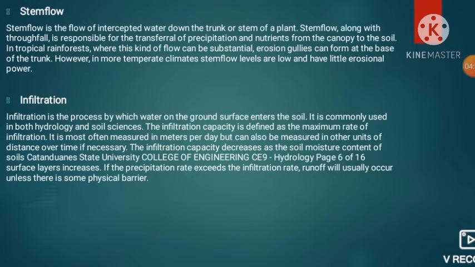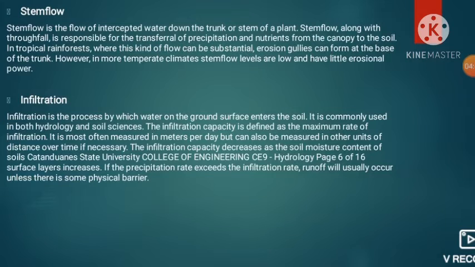Infiltration. Infiltration is the process by which water on the ground surface enters the soil. It is commonly used in both hydrology and soil science. The infiltration capacity is defined as the maximum rate of infiltration. It is most often measured in meters per day, but can also be measured in other units of distance over time if necessary.